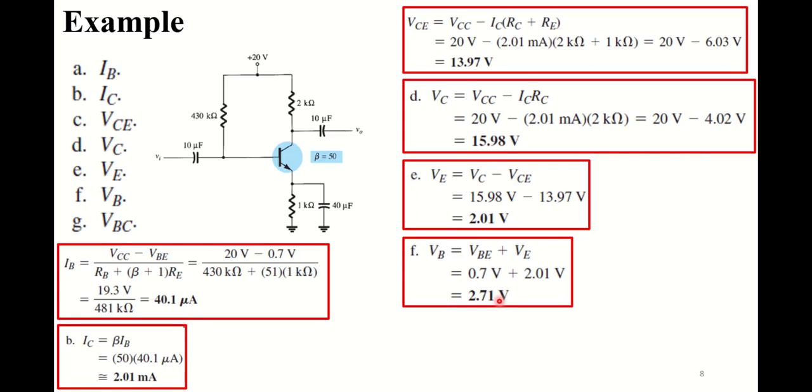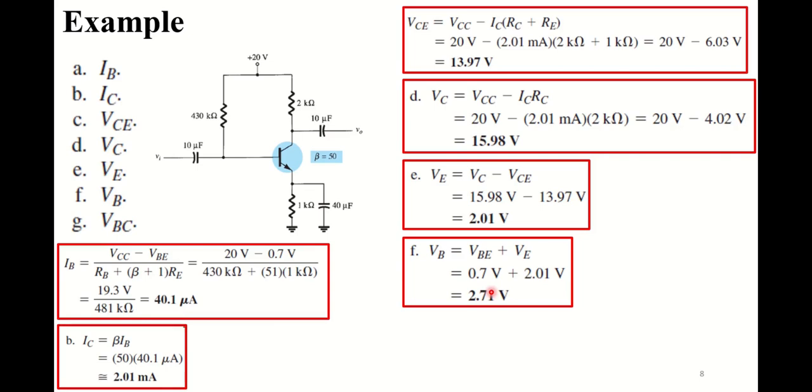Lastly, we need to find the value of VBC by applying a similar general formula as applied for part E and part F. We have already found the values of collector voltage VC and base voltage VB in part D and part F respectively.